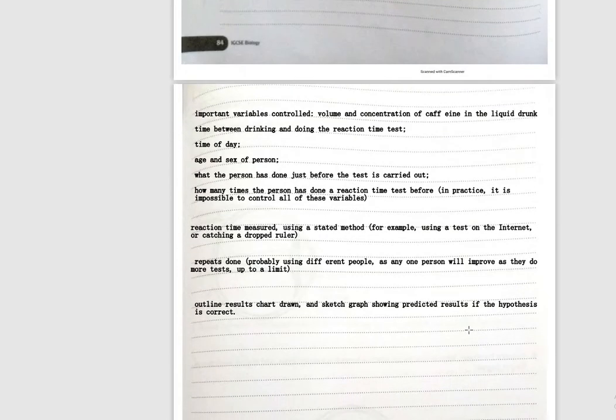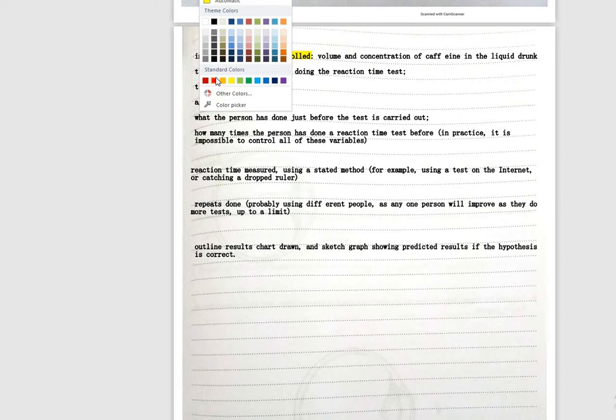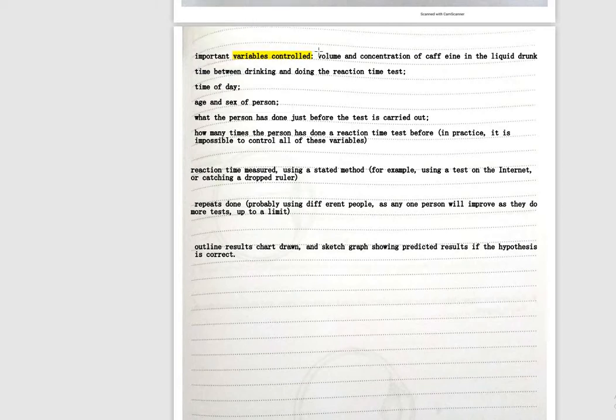Right, so the next thing is, what are the constant variables? Among the constant variables are the volume and the concentration of caffeine in the liquid drunk, the time between drinking and doing the reaction time test, the time of the day, the age and the gender of the person, and what the person has done just before the test is carried out.